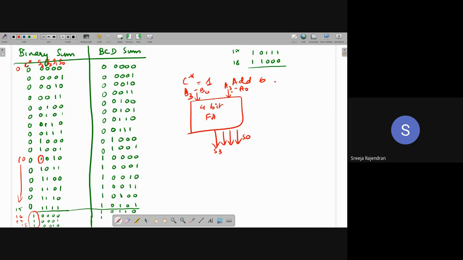So S3, S2, S1. If you see S3 over here, from the number 10 to 15, in all the cases it is 1. So I do a correction when S3 is 1, and in these two cases S1 is 1. So S3 and S1 are 1, or when S3 and S2 are both 1.